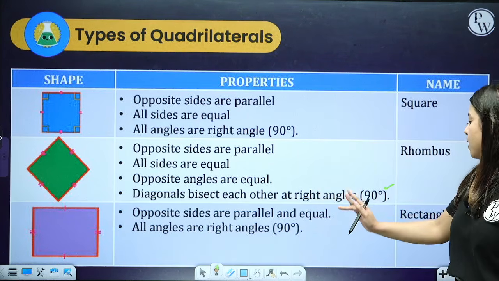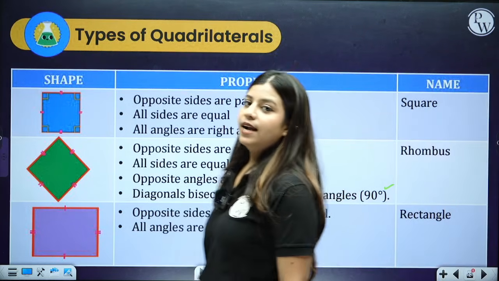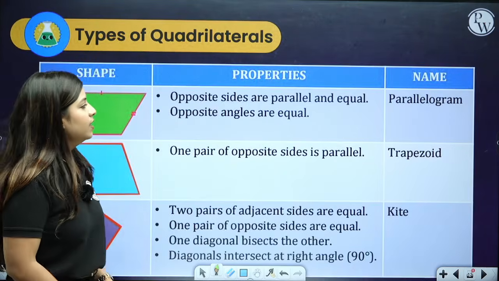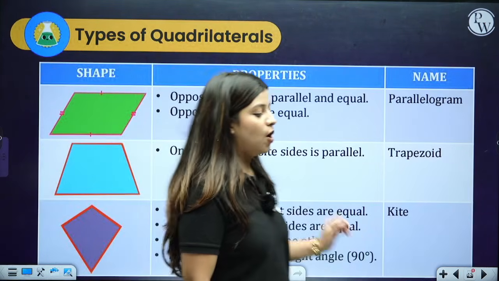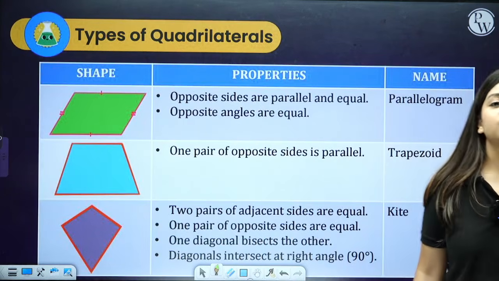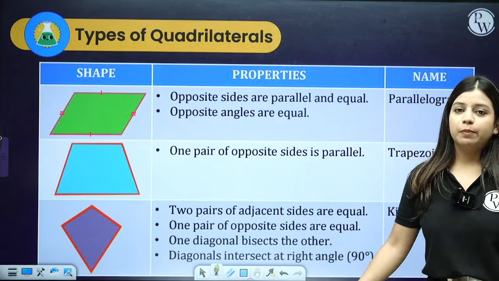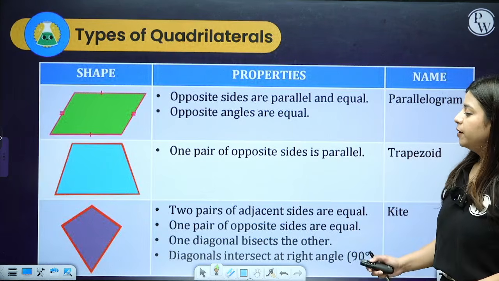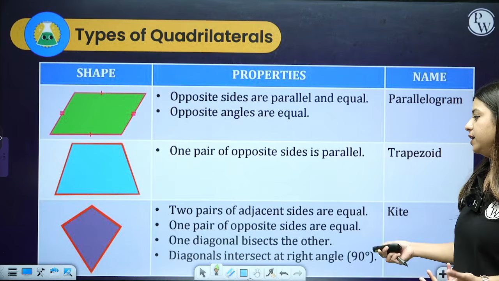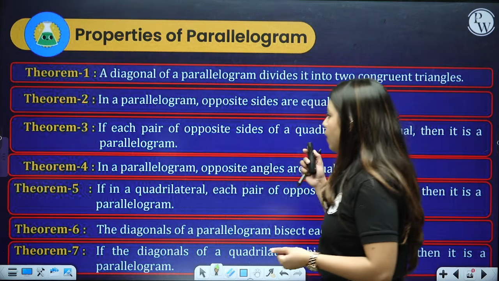When we talk about a rectangle, opposite sides are parallel and equal and all the angles are right angles, that is 90 degrees. The next we have is a parallelogram. Opposite sides are parallel and equal and opposite angles are equal. Adjacent angles are supplementary as well. When we talk about a trapezoid, 1 pair of opposite sides is parallel, and when we talk about a kite, 2 pairs of adjacent sides are equal, and 1 pair of opposite angles are equal. Then we have all the properties.